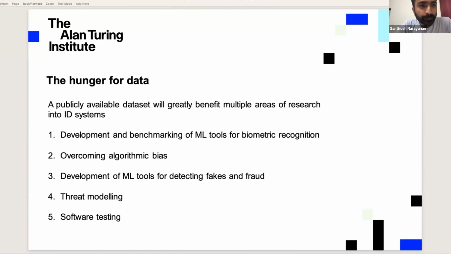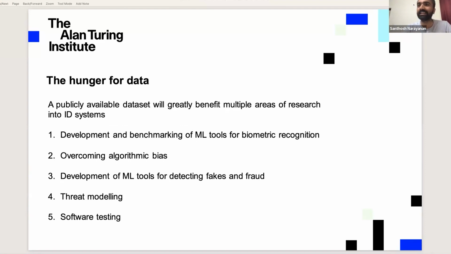Okay. So yeah, I think this is going to be easy to motivate, but some of the key reasons why a publicly available data set is going to benefit research into ID systems are primarily because it can help with the development and benchmarking of tools that are quite prevalent out there, which are used for biometric recognition.